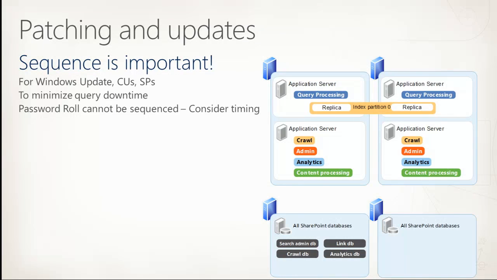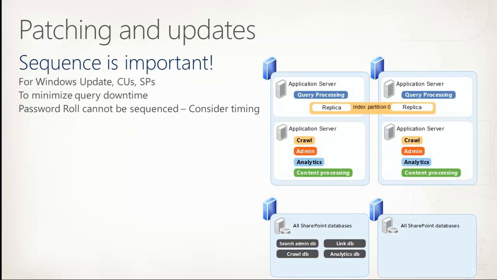I just mentioned the password role. If you change the password in this very automated way, that cannot be sequenced in the same way, so you don't have that ability. But for all the patching, you should do that.